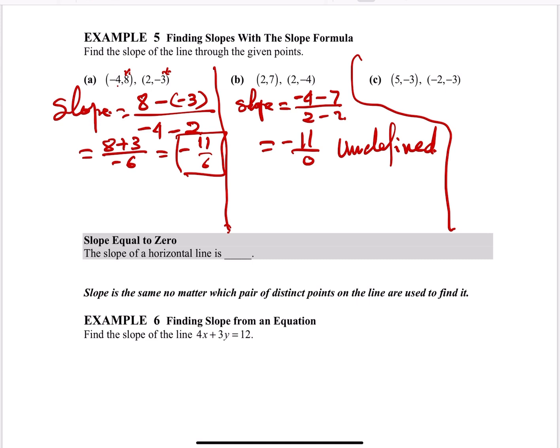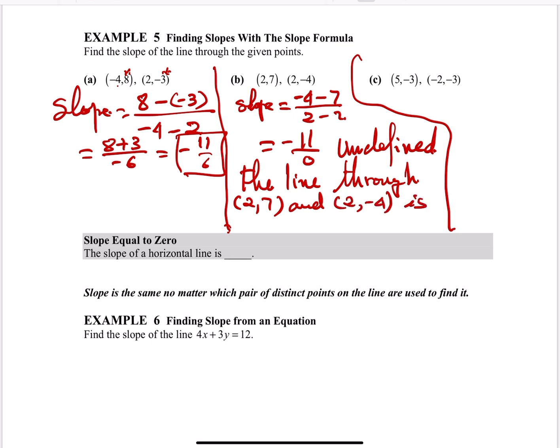And then you can conclude the line through 2 and 7 and 2 and -4 is vertical.